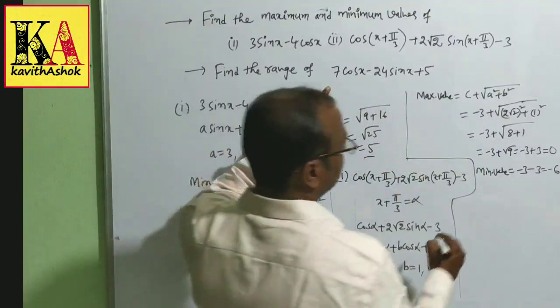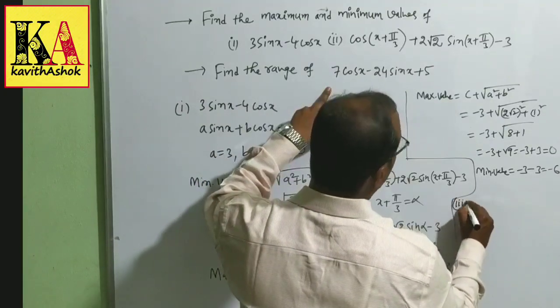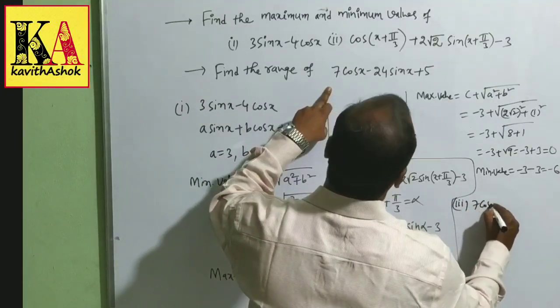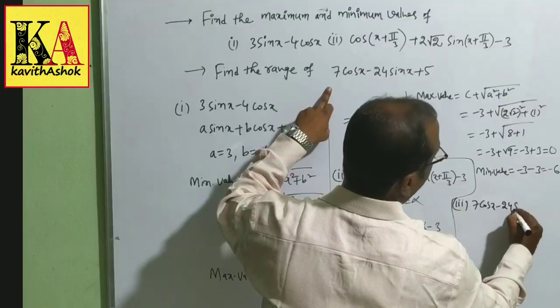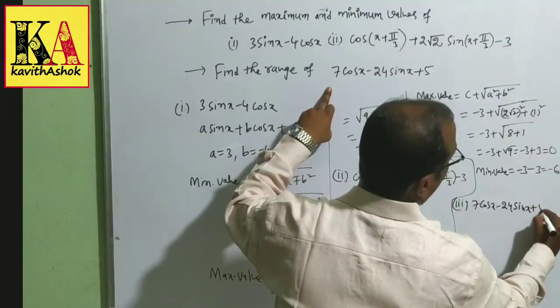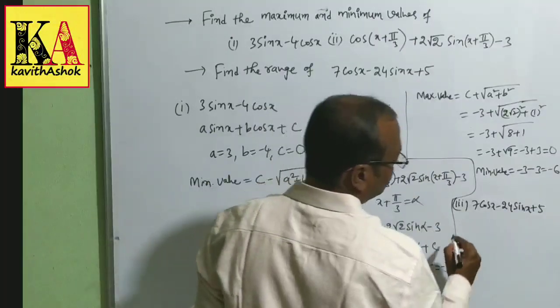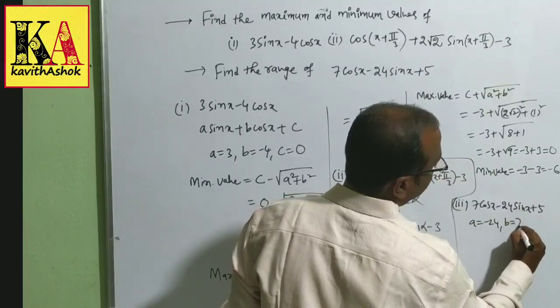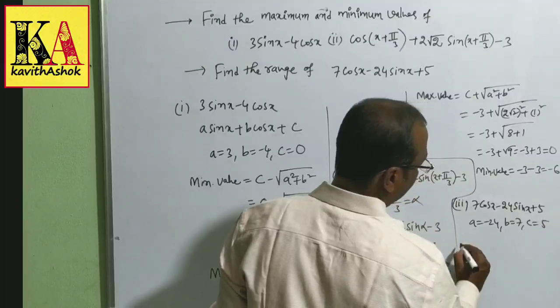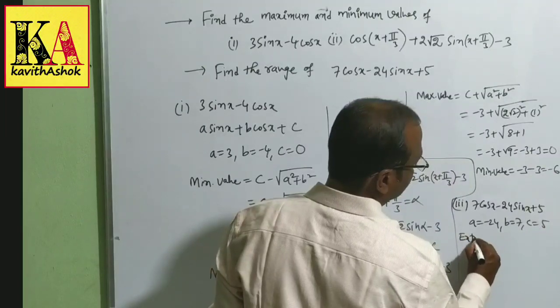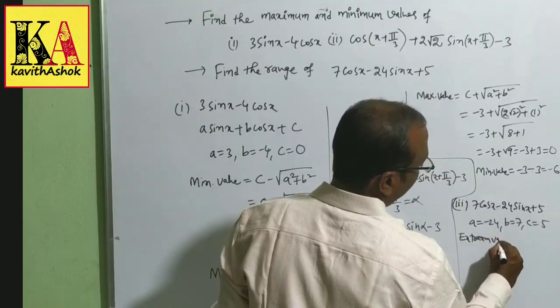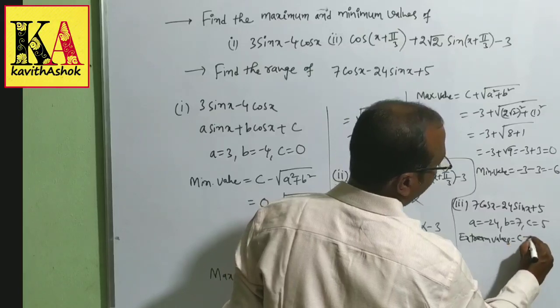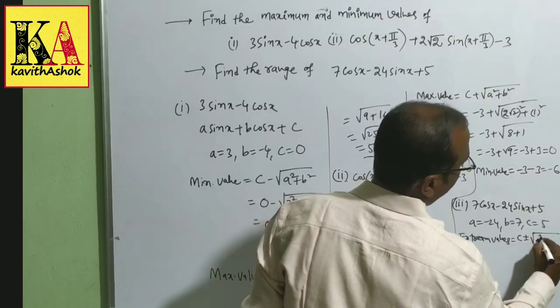The final question, third one, this is 7 cos x minus 24 sin x plus 5. We want the range. So now a value will be minus 24, b value will be 7, c value will be 5. Extreme values is equal to c plus or minus under root of a square plus b square.